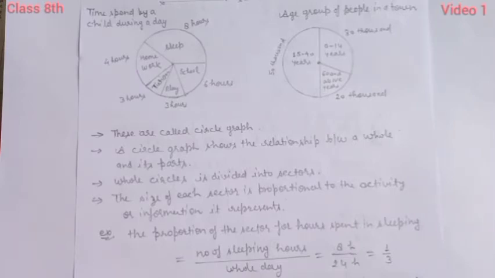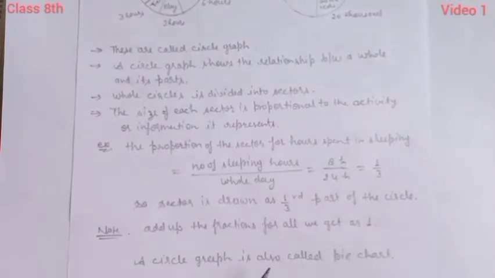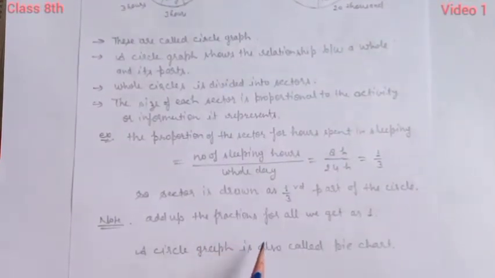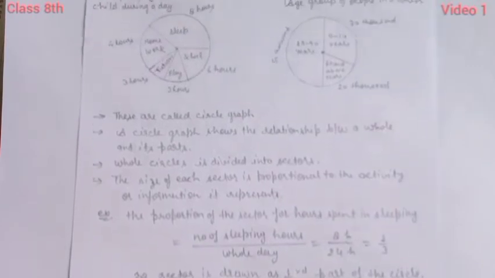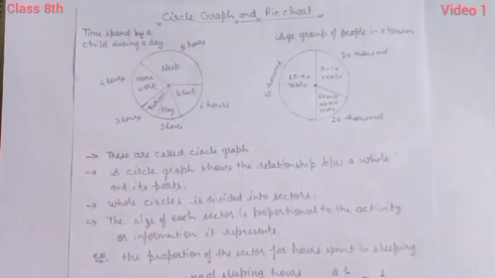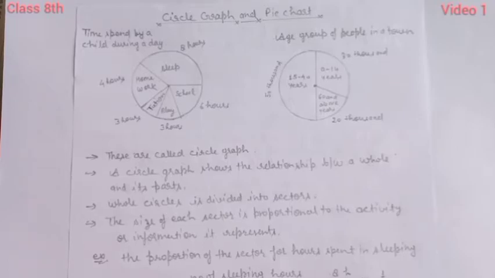Note: adding up the fractions for all, we get 1. A circle graph is also called a pie chart. So students, these are examples of pie charts, and how we draw them we will see in the next video session.